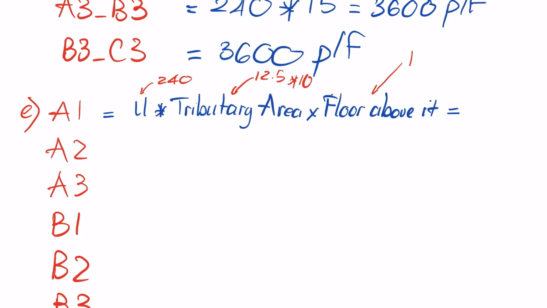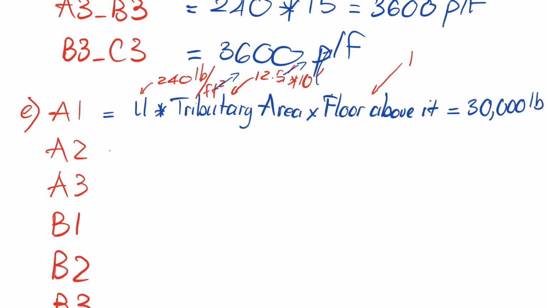I will have this one is 30,000. And what is the unit over here? This one is pound per feet squared, so if I eliminate feet squared with feet squared, at the end what I have left is pound only.